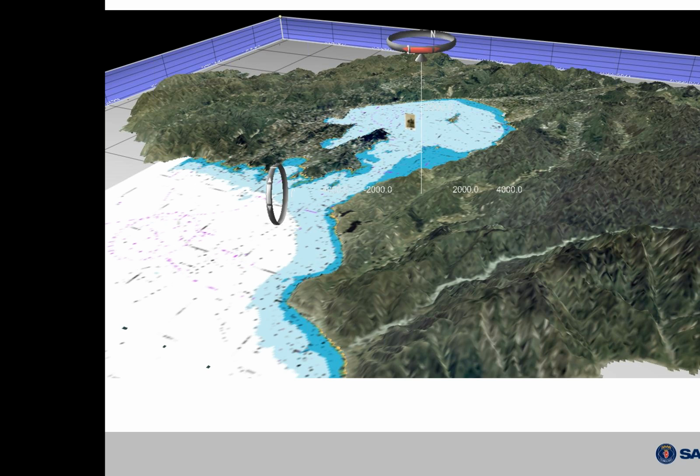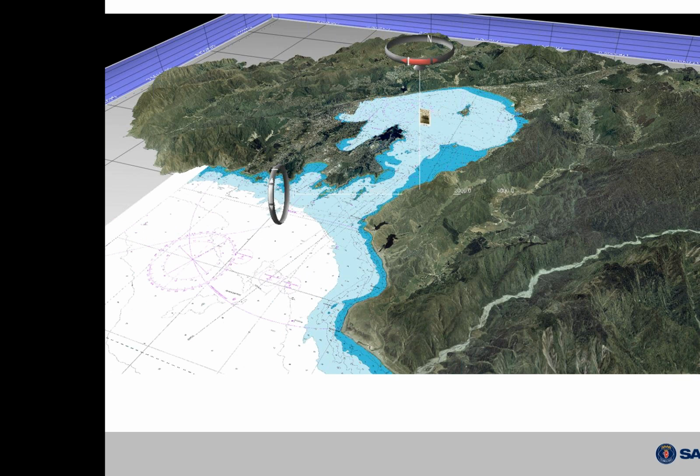Always in Fledermaus, when you stop moving, when you stop interacting, it will always go to the highest resolution. So what I've done is take a screen capture of it in interaction in 7.3. Now I'm going to switch to the same scene in 7.4. In this situation, we can see a number of improvements.